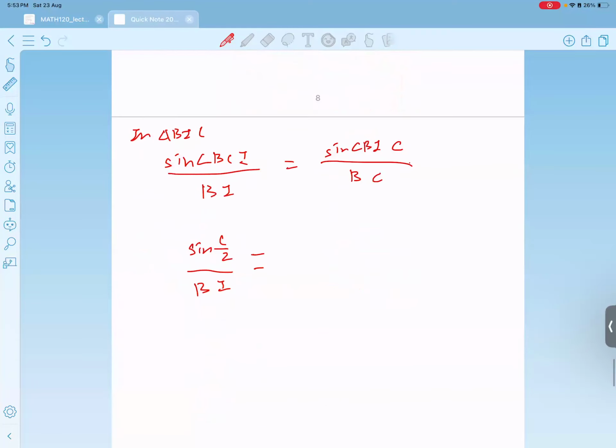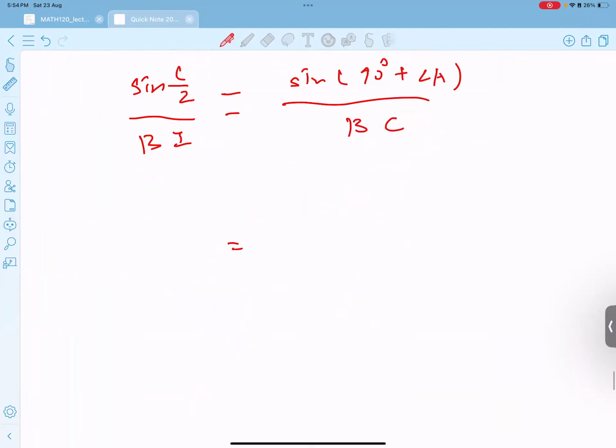If we're going to do one more step, sine 90 plus A is just sine A. Then the step we're going to do is put BC. Actually, no, wait, hold on. Keep this unchanged.